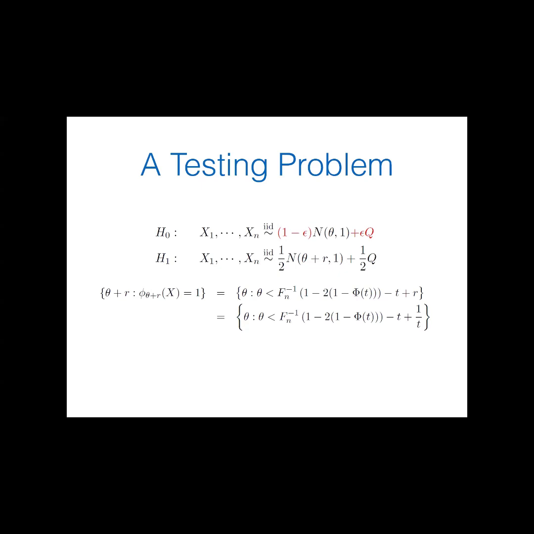But the good news is that the solution for this slightly more general testing problem is exactly the same formula. The only difference is now the choice of t needs to depend on both epsilon and the sample size n, right? So if you give me a different level of epsilon, I can solve the testing problem with the different levels of t.